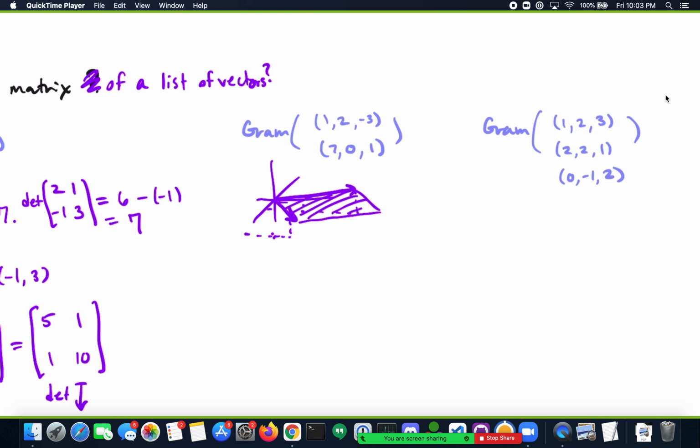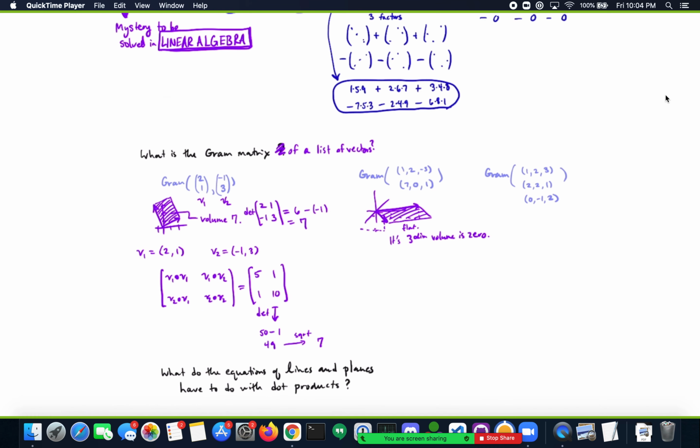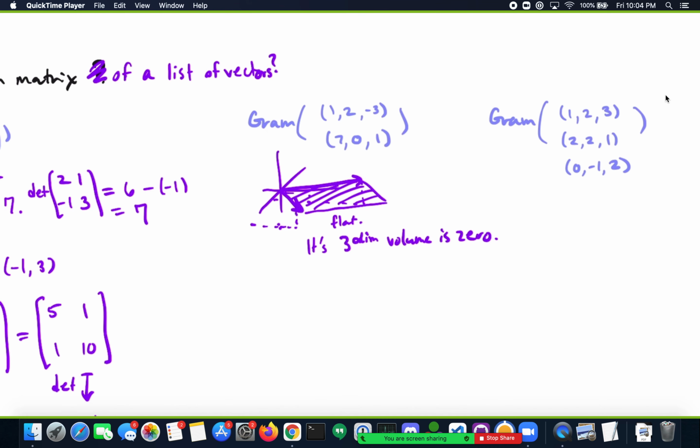But this parallelogram is flat, so its three-dimensional volume is 0. It needs another vector to make it into something that has actual volume in 3 dimensions, but it doesn't have another vector. It only has these two.